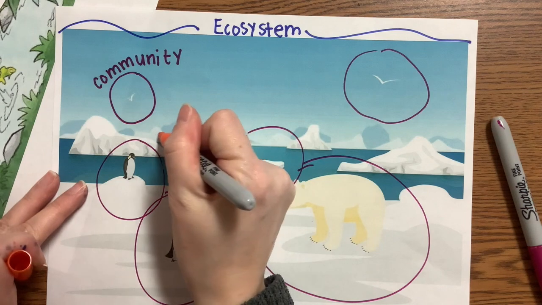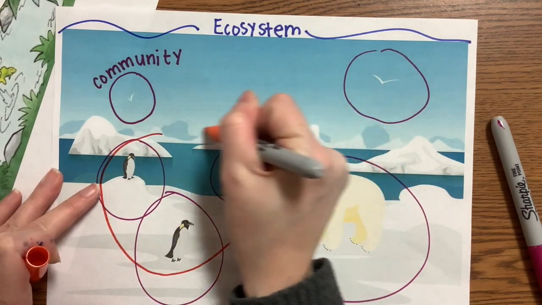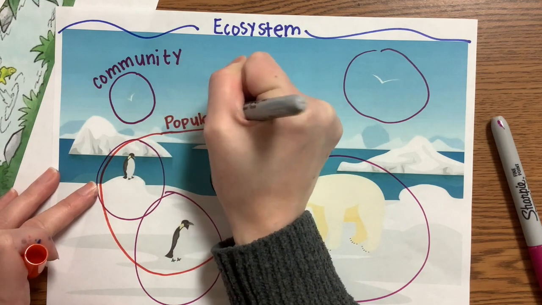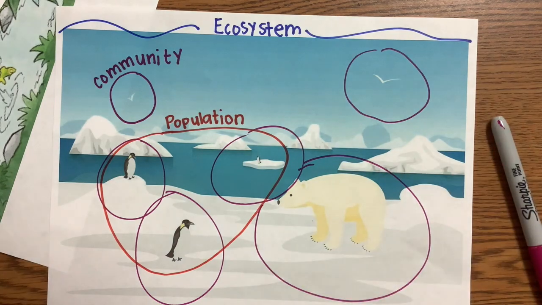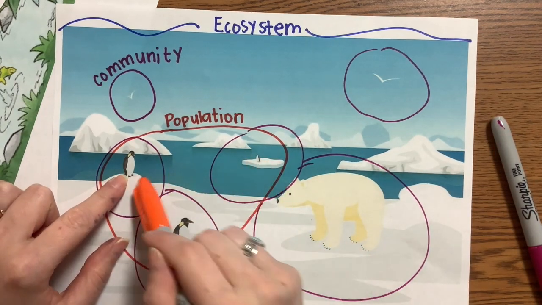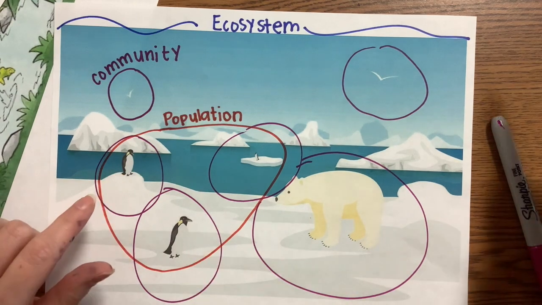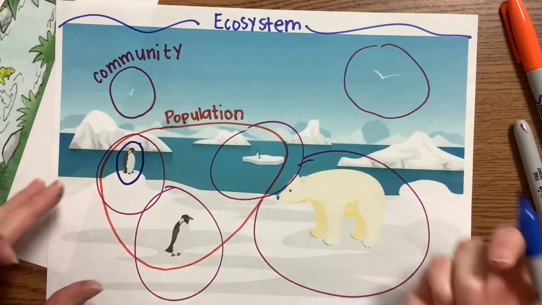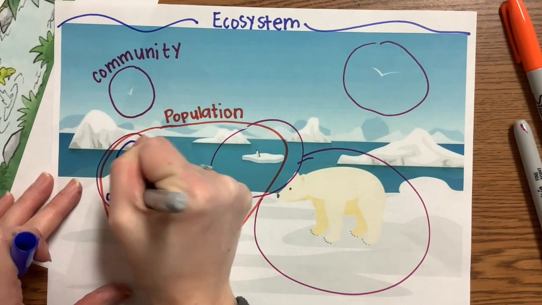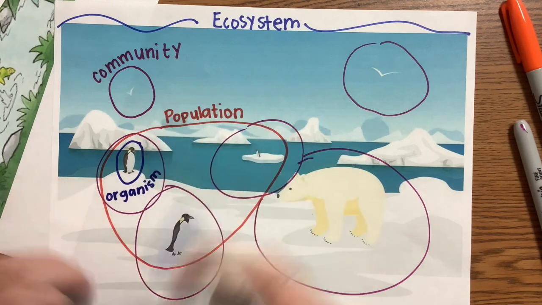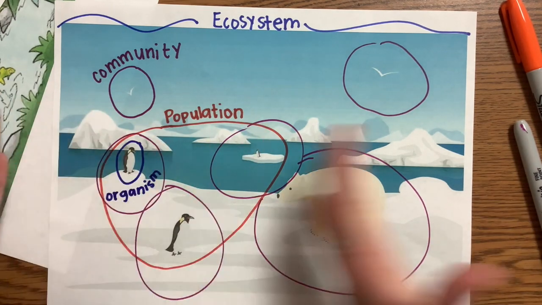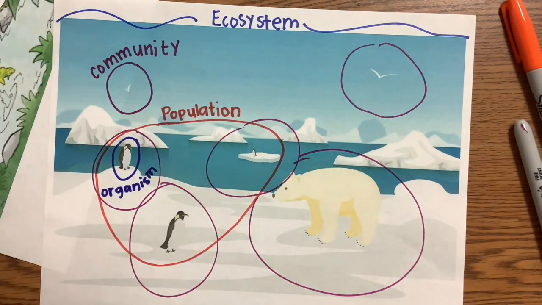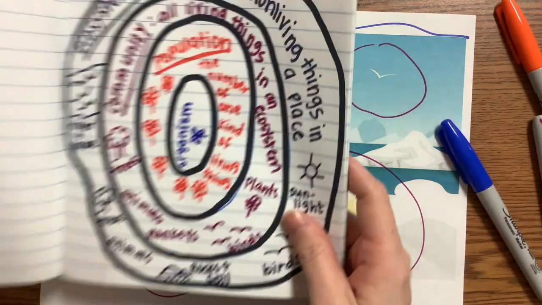If I just focused on the penguins, then they could be a population, because it's all the same type of animal or plant. And then finally, if I pick this Mr. Penguin right here, he is an organism. Do you see how it got smaller? We started with an ecosystem, then community, then population, then organism, just like in our circle.